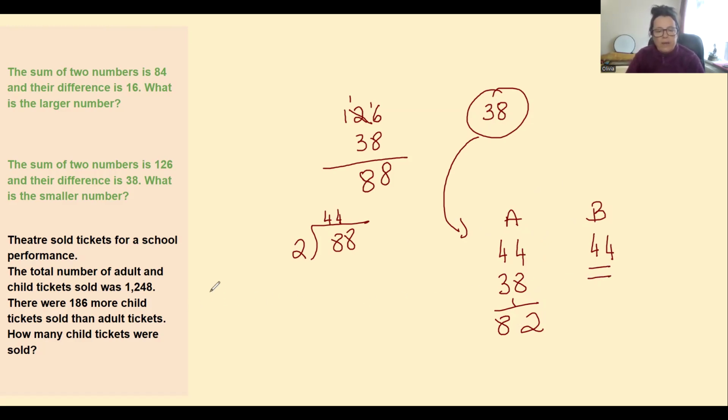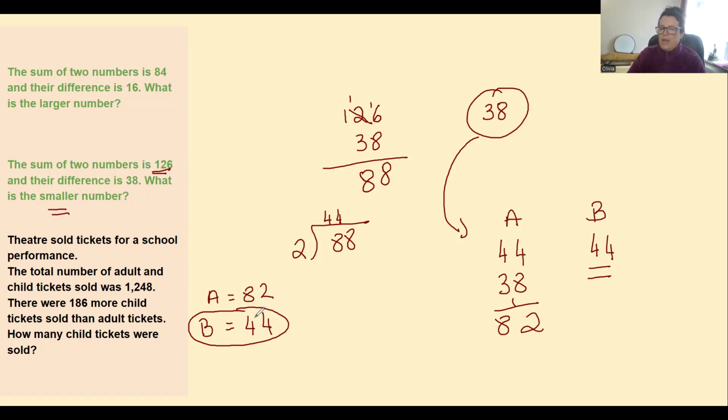I'm going to write that down. A, my bigger number, equals 82. B, my smaller number, equals 44. Now, do these add up to 126? They do. The question is, what is the smaller number? The smaller number is 44.